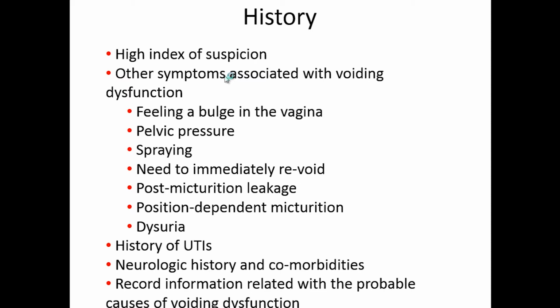Besides the normal storage and voiding symptoms that you can see in questionnaires, you have to look for other symptoms, like the feeling of bulge in the vagina, pelvic pressure, spraying in the stream, the need to immediately revoid, which is a very common symptom, post-micturition leakage, position-dependent micturition, and dysuria.